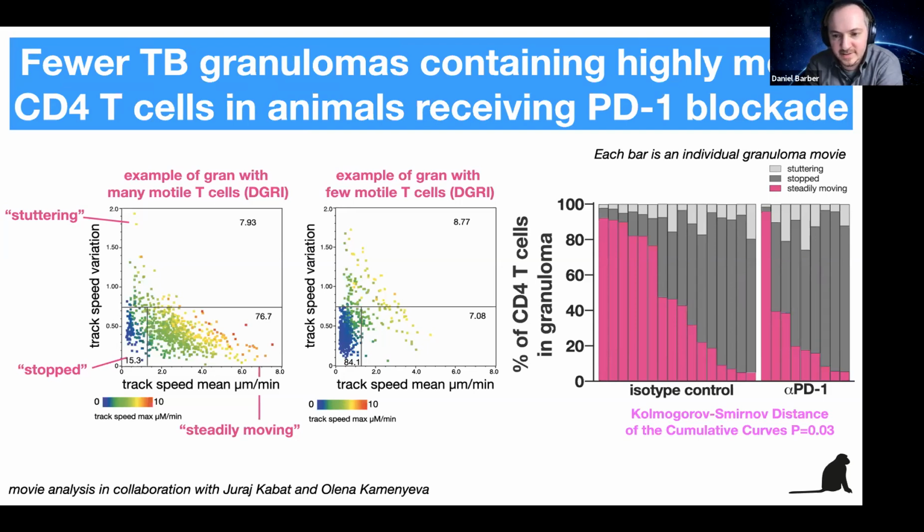And I can just tell you anecdotally that was the case here. The granulomas from the anti-PD-1 treated macaques are physically larger. We actually measured them on a ruler, and they were bigger and mushier. And as you can see, harder to cut because we got fewer movies because a lot of them were necrotic and they just mushed on the vibratome. So yeah, there was an ongoing necrosis that was there, but I can't give you quantifiable data.